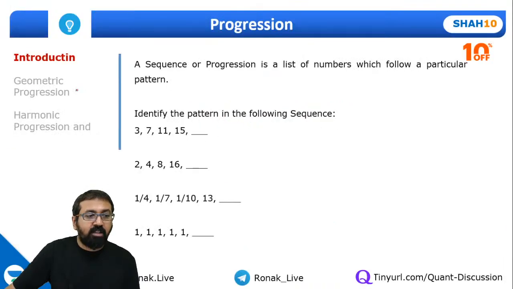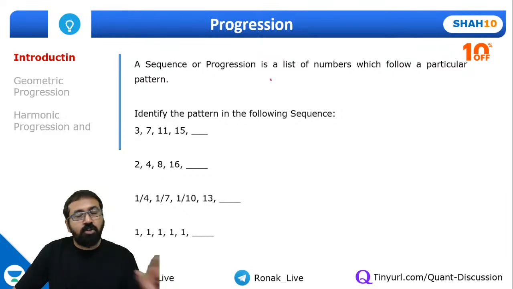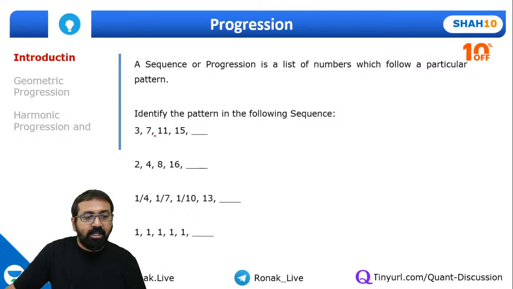To begin with, just a simple thing: a sequence or a progression is nothing but a list of numbers which follow a certain pattern, right? So can you quickly tell me what will be the next number over here? 3, 7, 11, 15. It's very easy to identify that it should be 19 over here, isn't it? Why? Because if you look at the difference between two successive terms, it's 4.